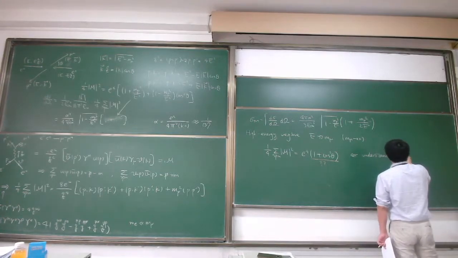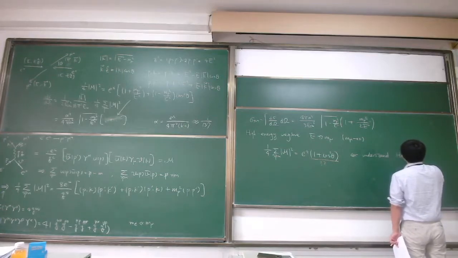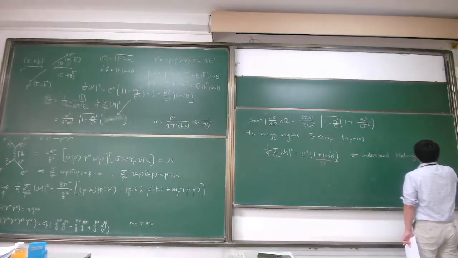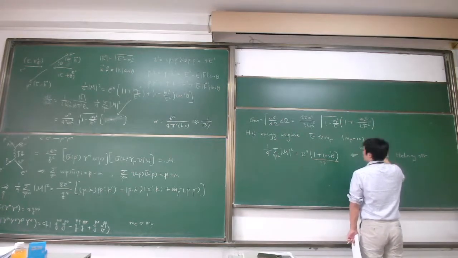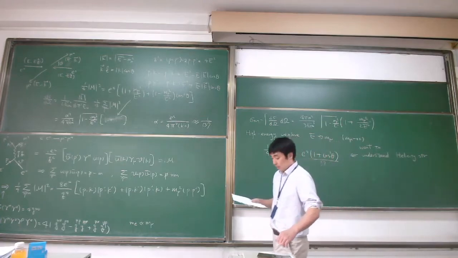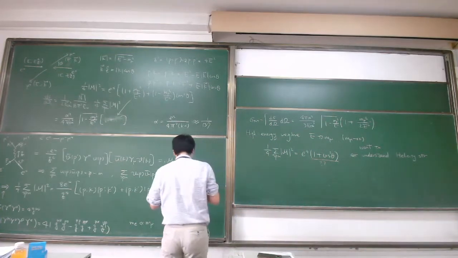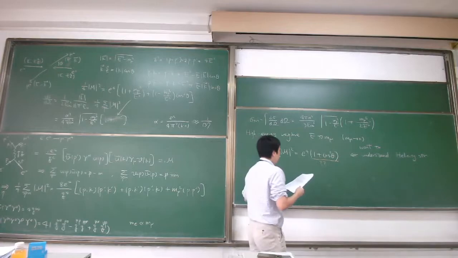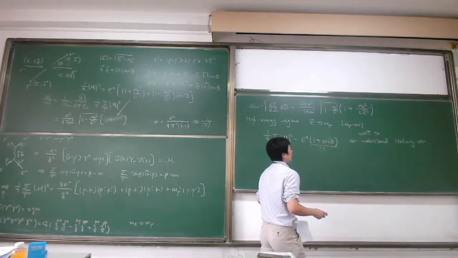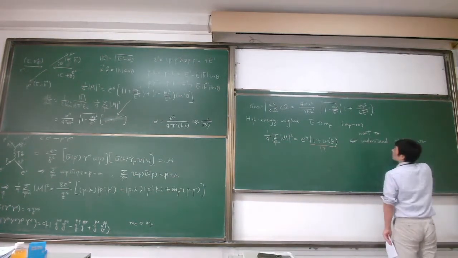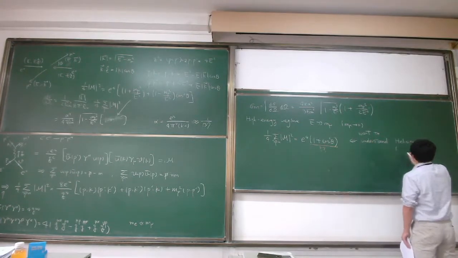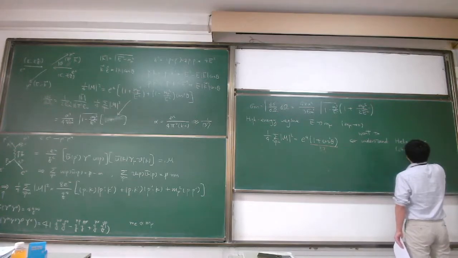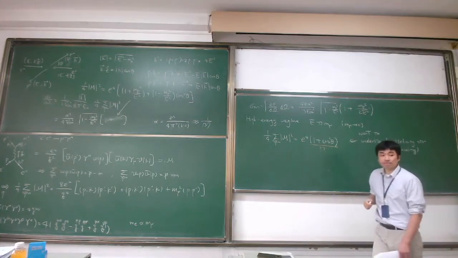Helicity structure, we want to understand. So to do that, let's recall helicity and chirality. They are the same because we take the massless limit. Chirality and helicity are the same in the massless limit.